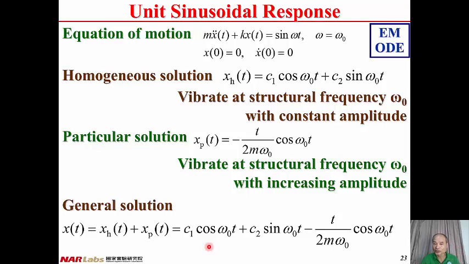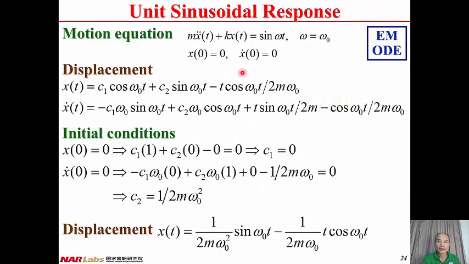That's the structural frequency omega 0, because the excitation frequency omega is the same as the structural frequency omega 0. And c1 and c2 here are two coefficients of integration. From the initial displacement and initial velocity, these two conditions, we can solve for c1 and c2.